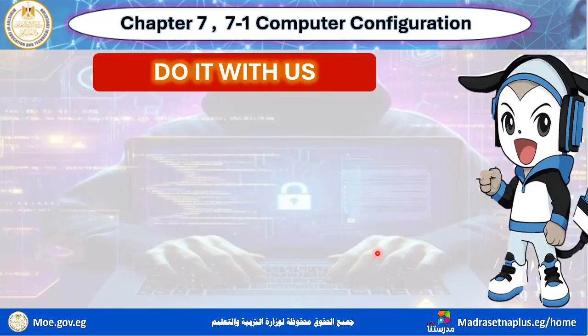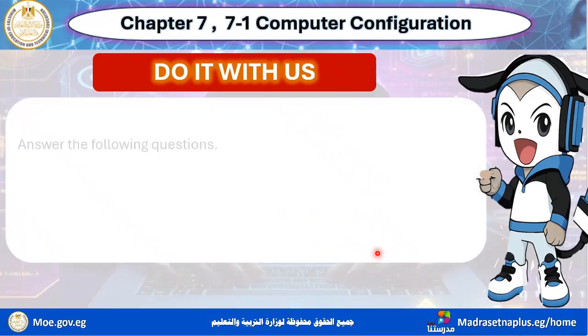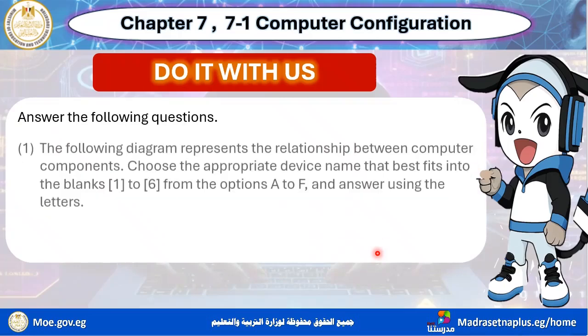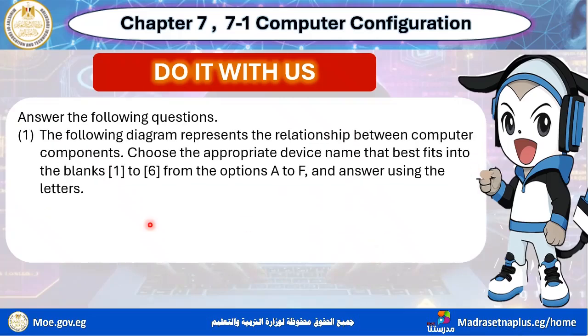And now, dear citizens, after this explanation, we have some questions for you to review and challenge your mind. So do it with us. Answer the following question. We have a diagram for you. The following diagram represents the relationship between computer components.